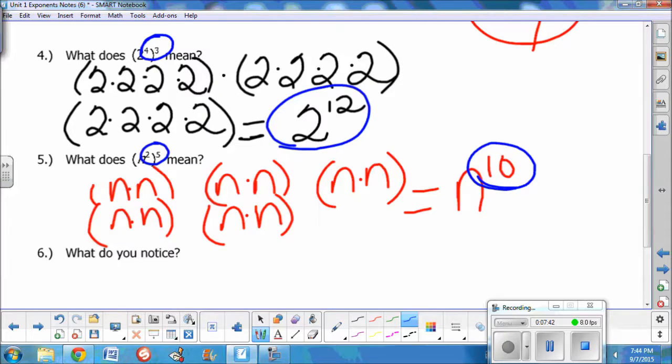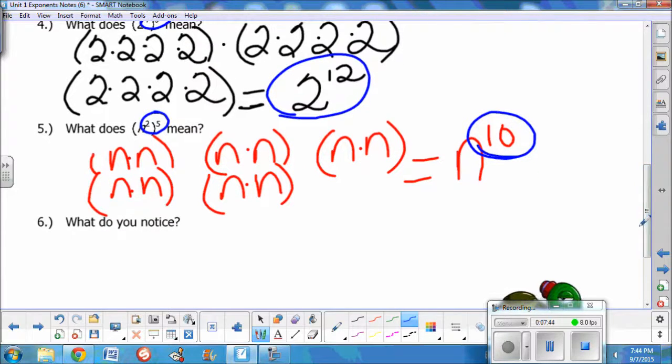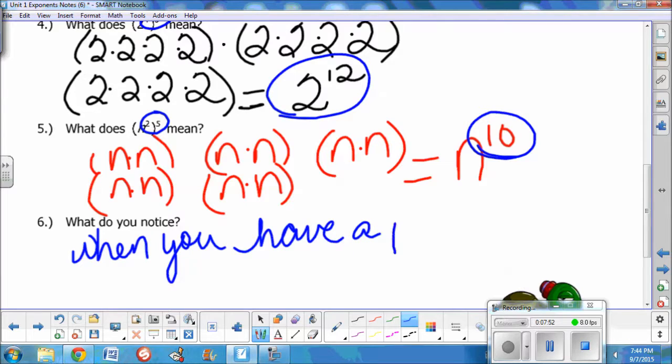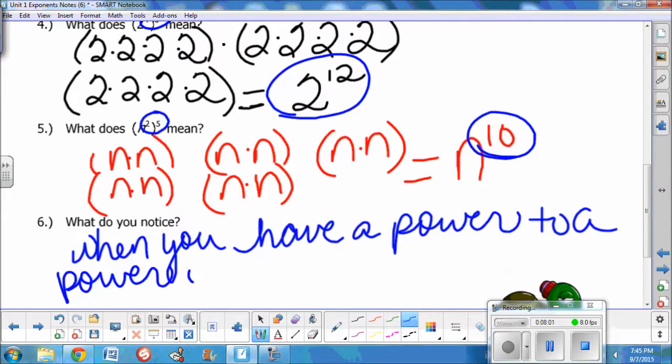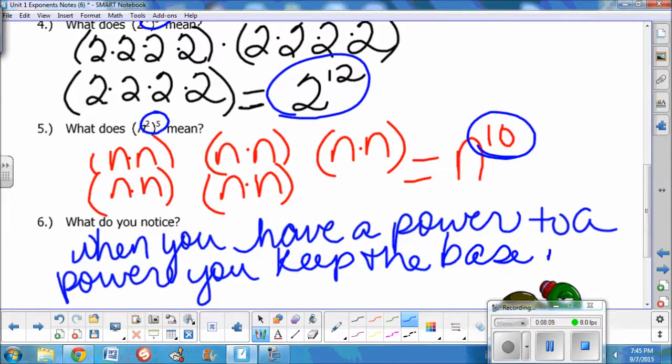So hopefully you're noticing that, let me put something to write here, when you have a power to a power, you keep the base and multiply the powers.